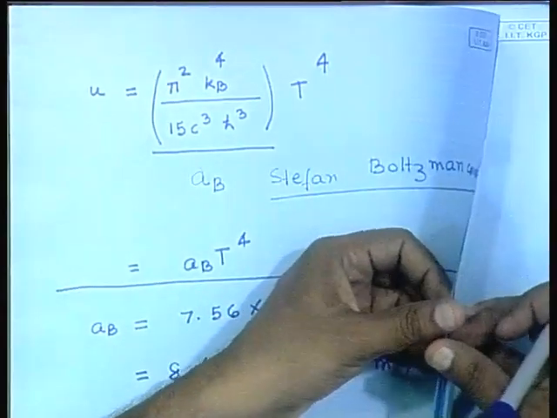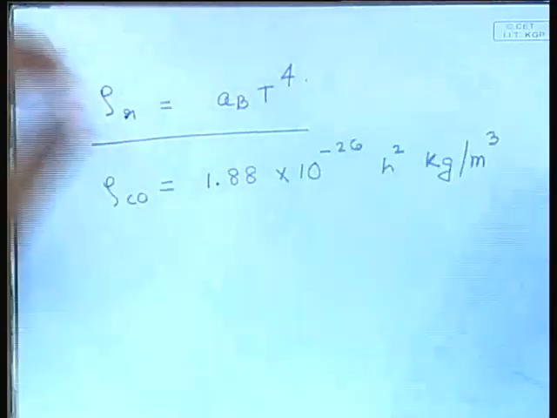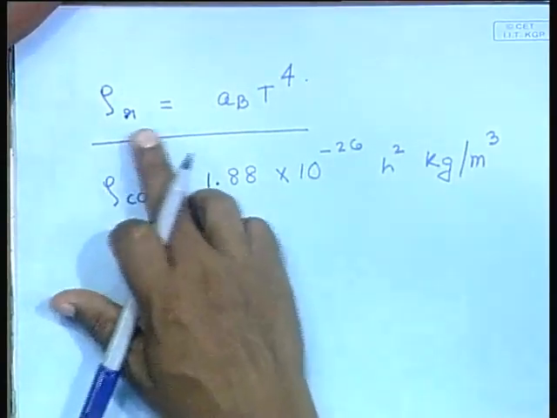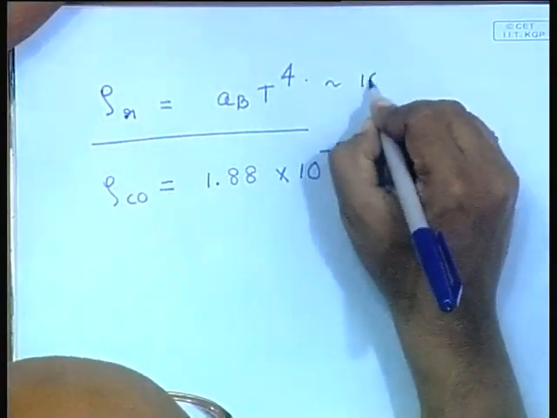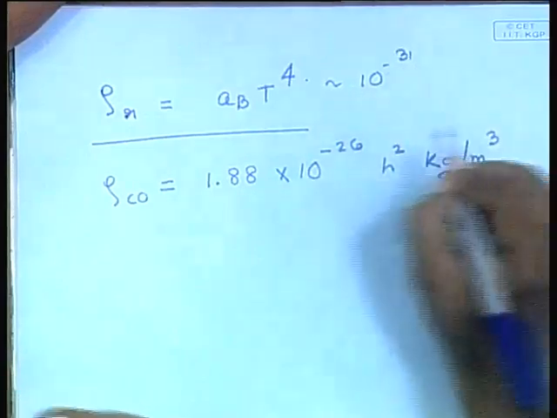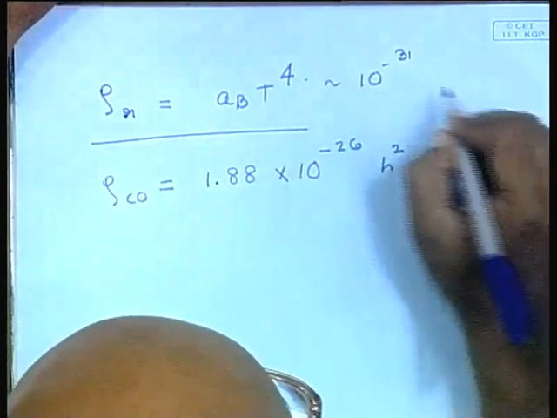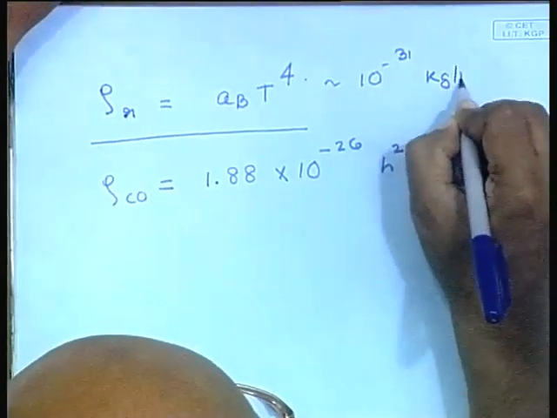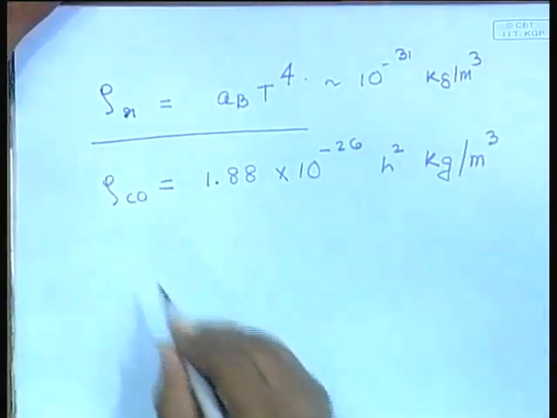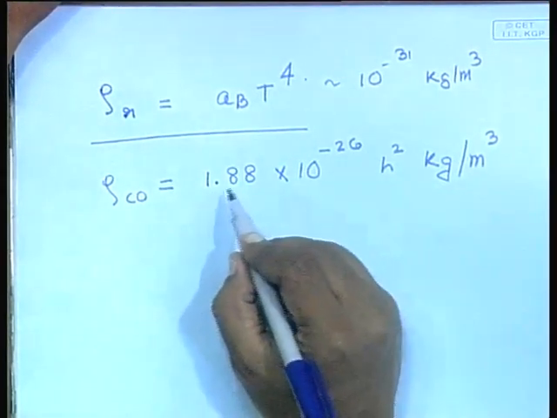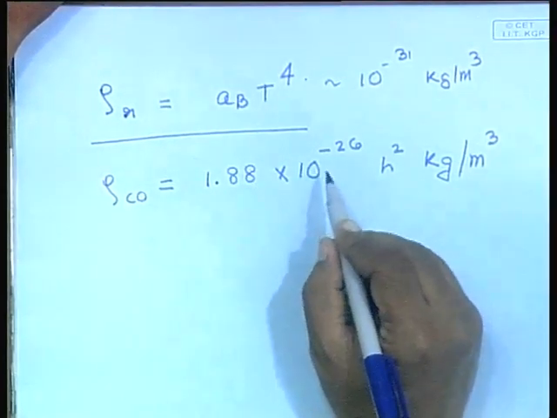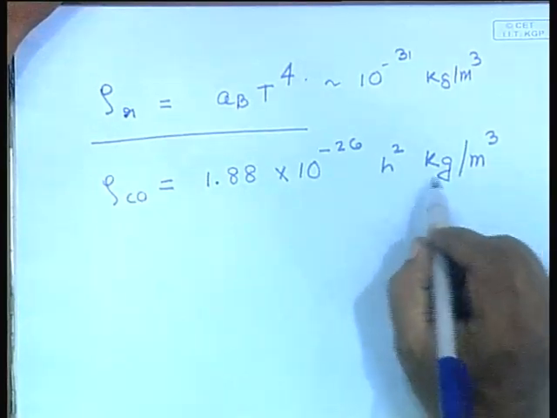And the critical density of the universe at present has a value of 1.88 into 10 to the power minus 26 h square kg per meter cube.